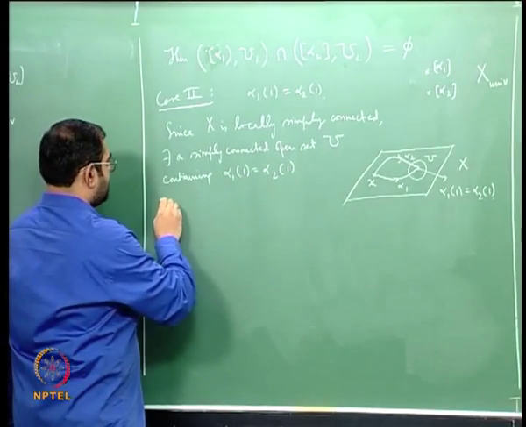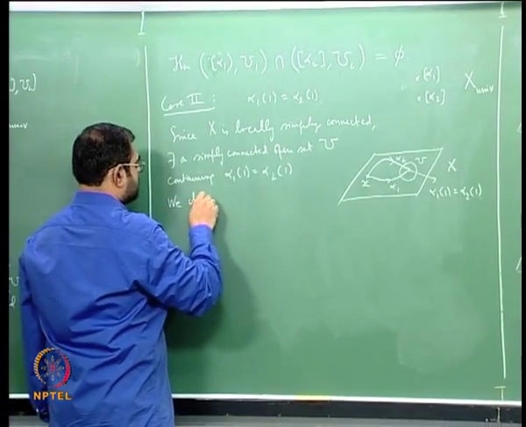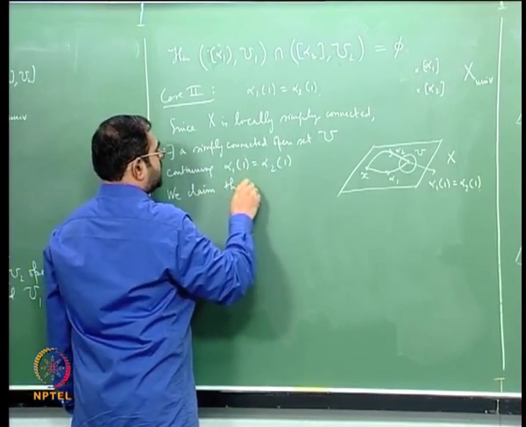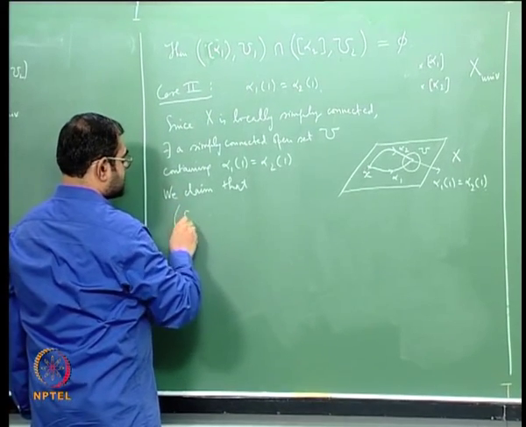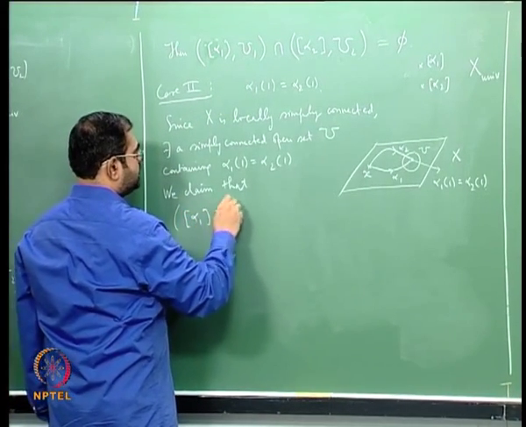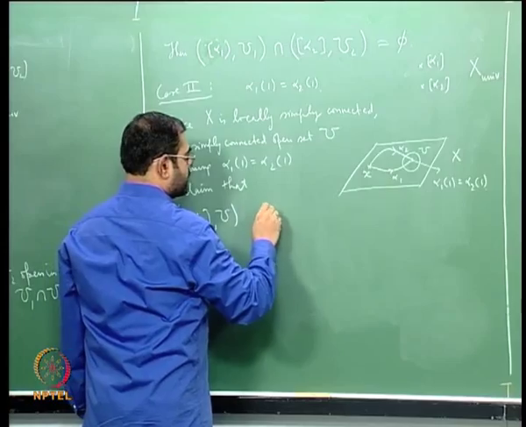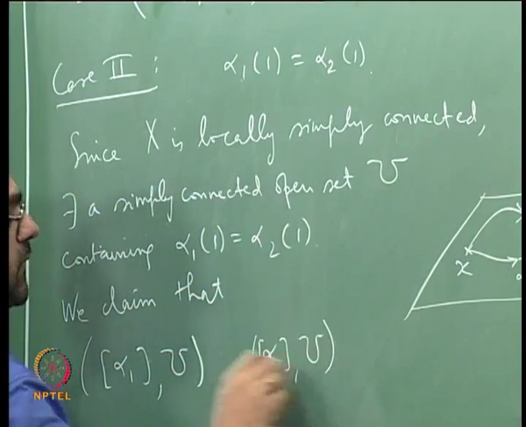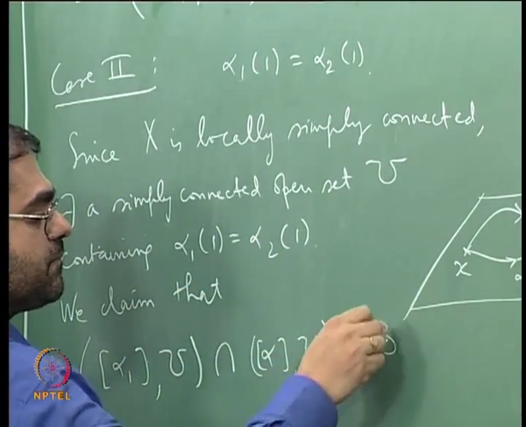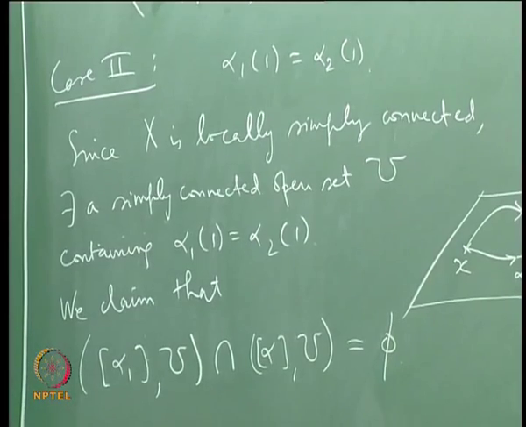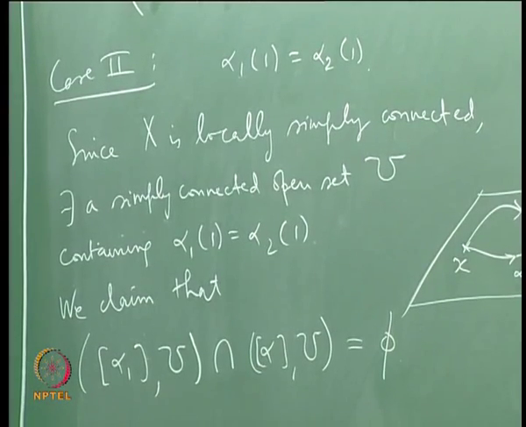Then we claim that the open sets alpha 1 comma U and alpha 2 comma U, their intersection is empty. So these are going to be the separating open sets, okay.